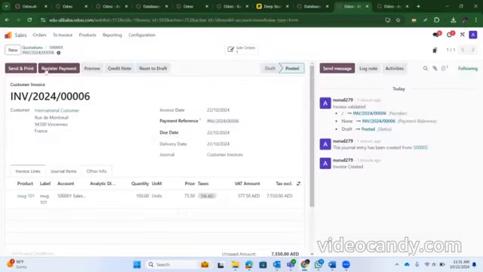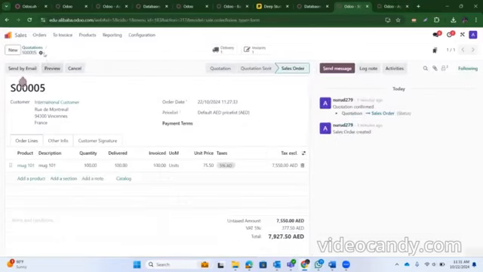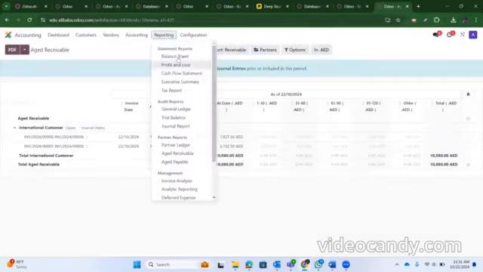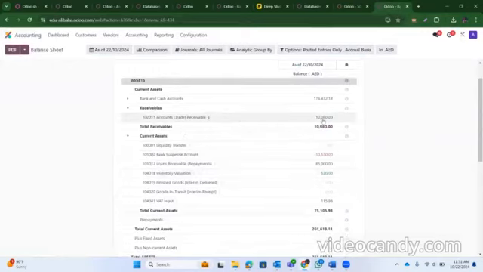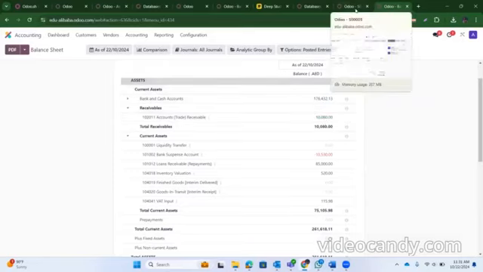Perfect. Now we can proceed to take a look at our balance sheet once again. And there you go, everything is intact. And so after the payment or collection of this particular amount, the trade receivables account will be correspondingly credited, and then our bank is debited.